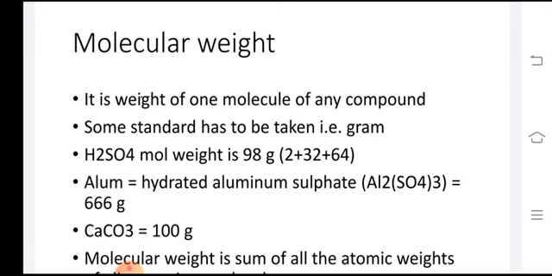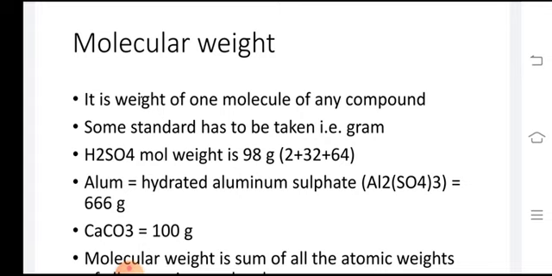Then how to represent this molecular weight? Normally we represent it in terms of gram, g. Actually it is not a gram which is representing this weight, but we have generalized this term for chemistry, because we will be expressing our molecular weights, our moles, our gram atoms and our equivalent weights all in terms of gram.